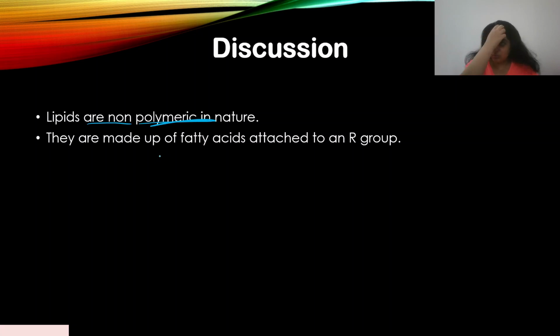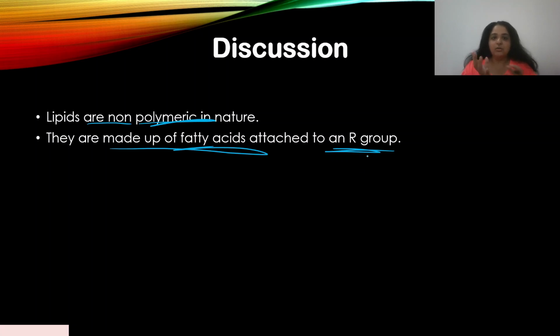Now, we've seen carbohydrates, we've seen proteins. They're polymers of amino acids, and nucleic acids are polymers of nucleotides. But lipids are not polymeric in nature, unlike proteins, nucleic acids, and carbohydrates. Instead, lipids are made up of fatty acids attached to an R group. This is how they are structured naturally.